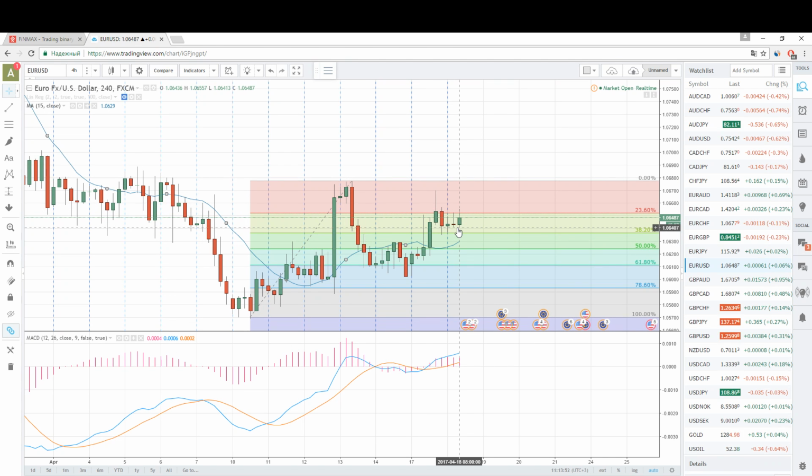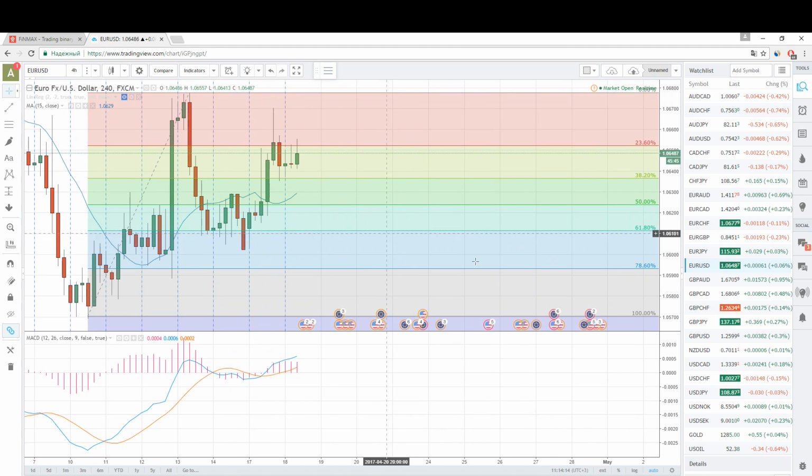The Fibonacci lines are static, and that's really important, and that really helps to predict the movement and to make fast analysis, because basically you can draw this retracement once, and in several hours or in several days you will enter the chart, and you will see that it's still there, and that the analysis you made previously may help you to make further analysis for the current market situation.